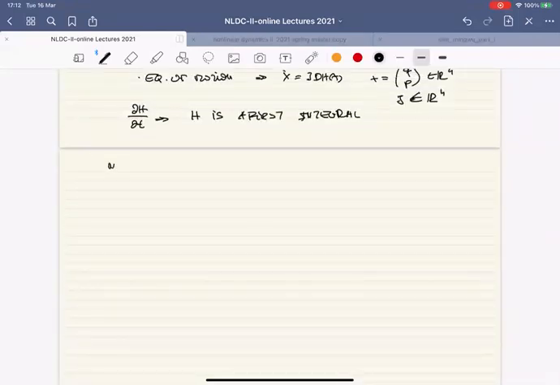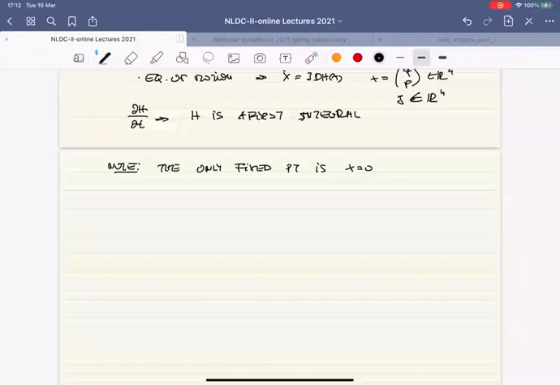So note the only fixed point is x equals 0, but also see the notes for detail. But I think this is even believable without that.